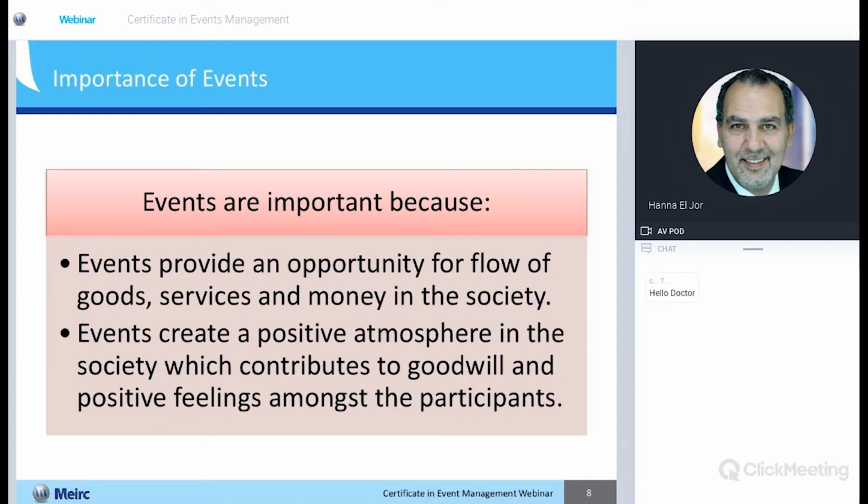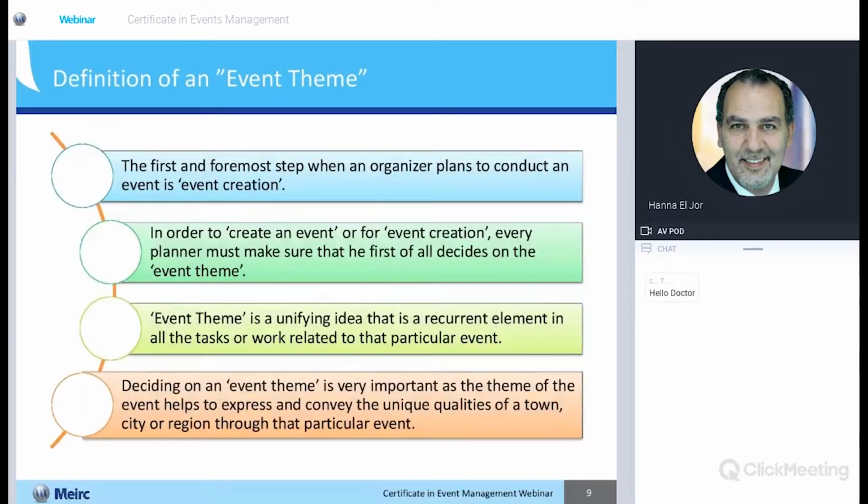It gives a sense of positive feelings amongst the participants, amongst those who are involved, either delivering, managing, or implementing the event, or those who are receiving the benefits from this event.